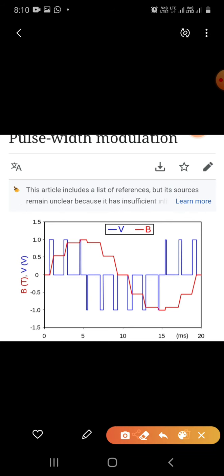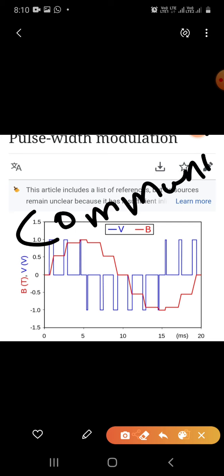PWM has also been used in certain communication systems, where its duty cycle is used to convey information over a communication channel.